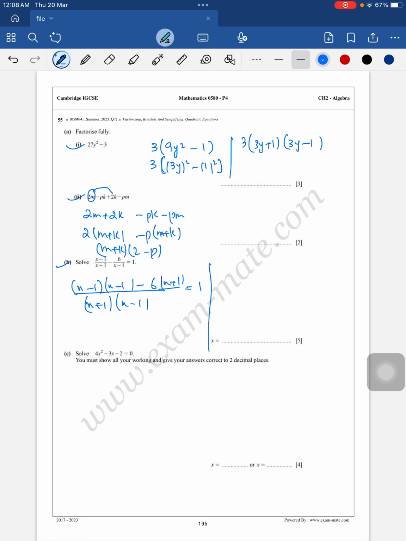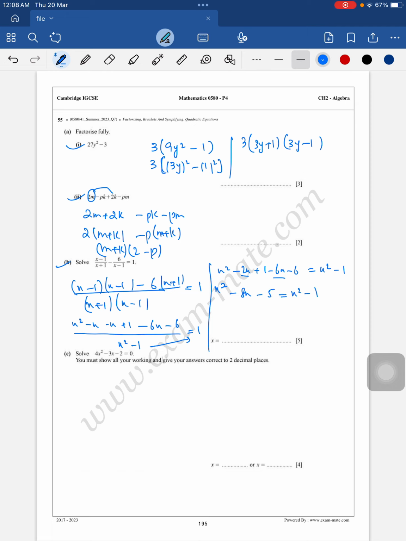Now solving that up, so x square minus 2x plus 1 minus 6x minus 6 upon x plus 1 into x minus 1, which is x square minus 1, is equal to 1. Multiplying through, x square minus 2x plus 1 minus 6x minus 6 is equal to x square minus 1. Okay, so x square minus 2x minus 6x is minus 8x, plus 1 minus 6 is minus 5.